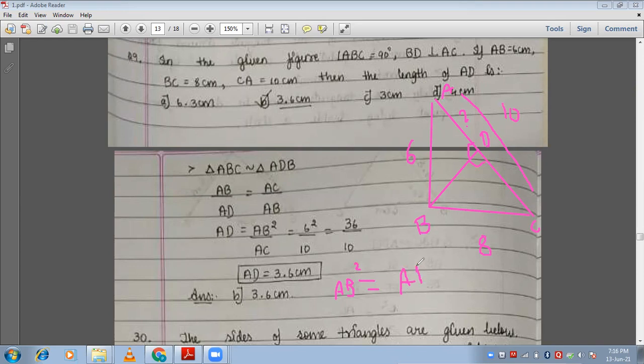Now substitute. AB is 6, so 6 square, 36, equals AD divided by AC, which is 10. When you simplify this, you will get AD equals 3.6 centimeter. Next question.